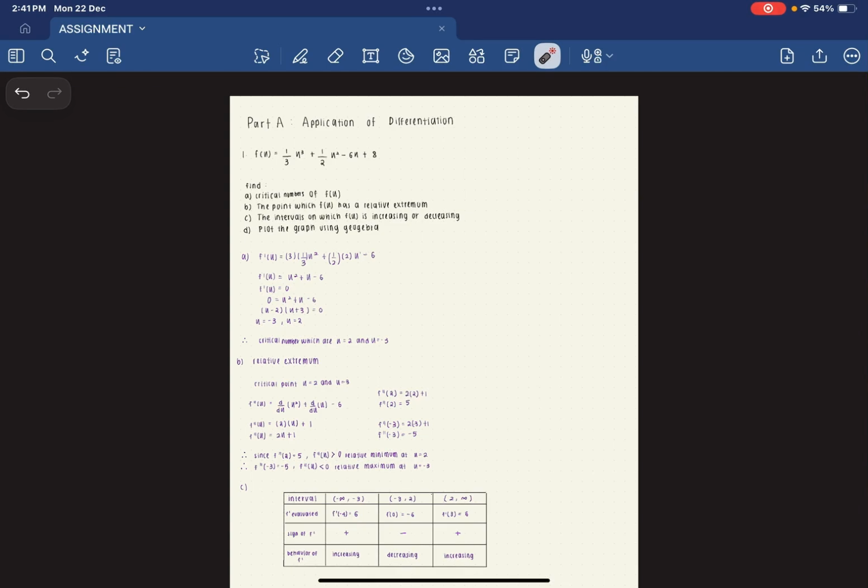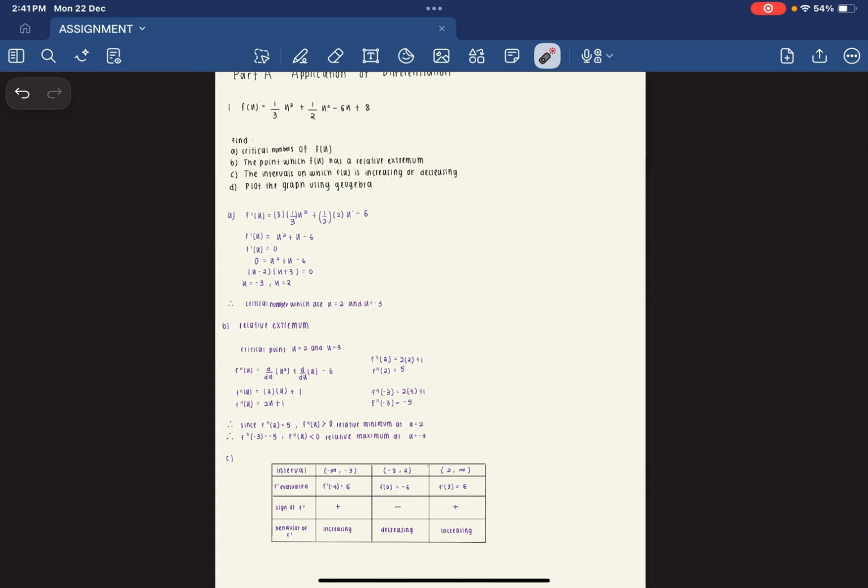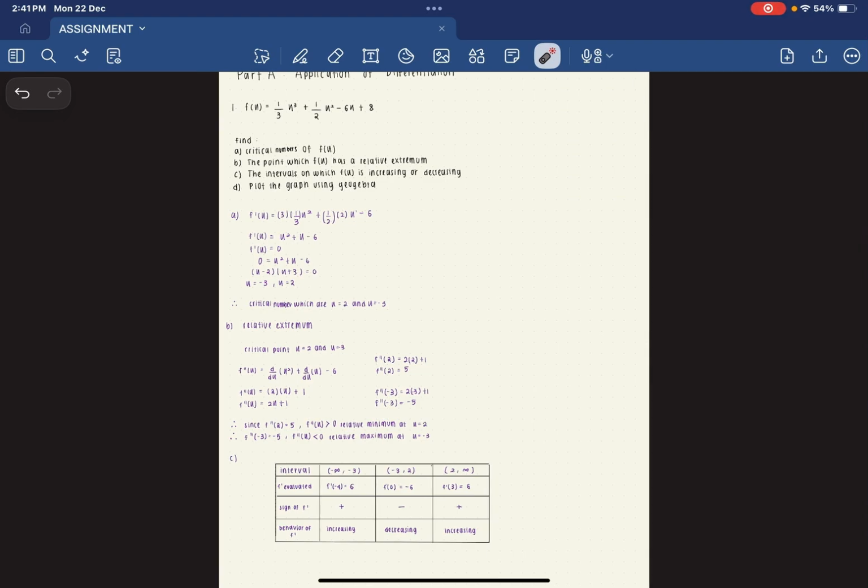For question C, the intervals on which f(x) is increasing and decreasing. First, we will use the first derivative for this question. We will take 3 intervals using our critical points we get from A. So the first interval is negative infinity to negative 3, and the test number I use is negative 4, and I get 6, which is positive, so it is increasing.